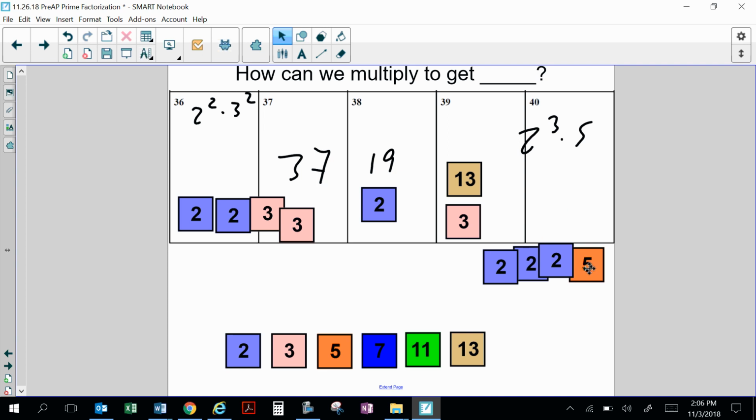I said earlier 5 times 8. What about 2 times 2 times 2 is 8, 4 times 5 is 20, 2 times 20? What about 4 times 10? Those are different ways to say 40. So this is a study of prime factorization, of breaking numbers down into prime numbers and using exponents.